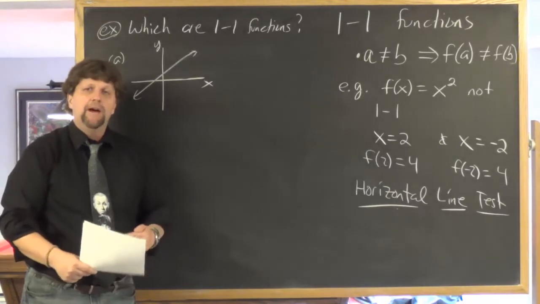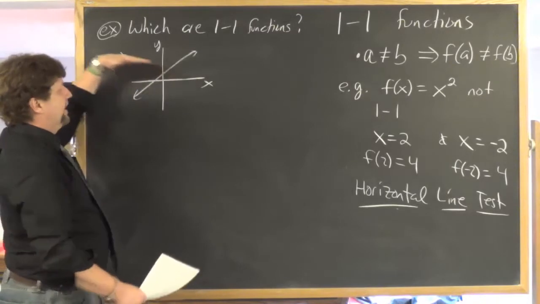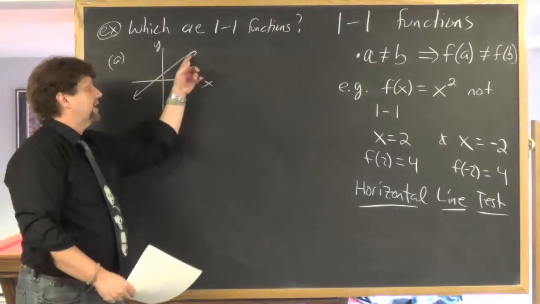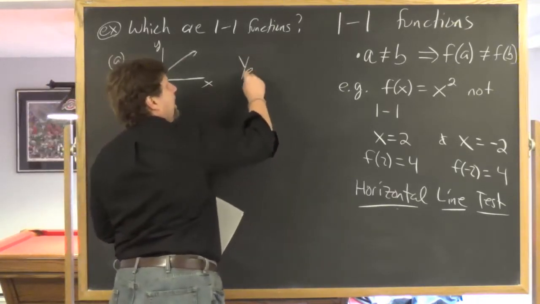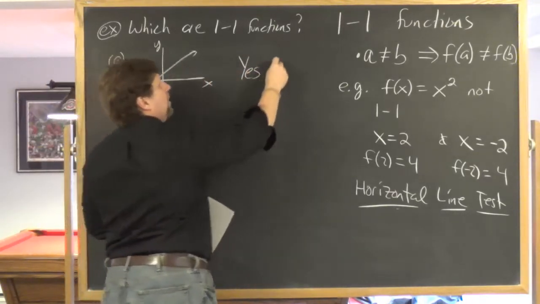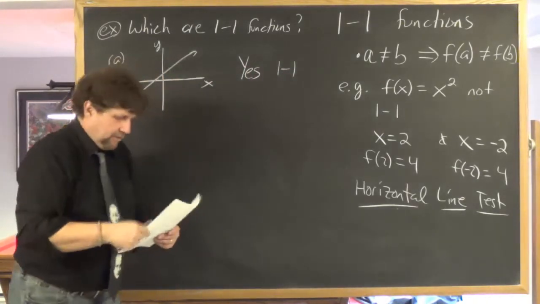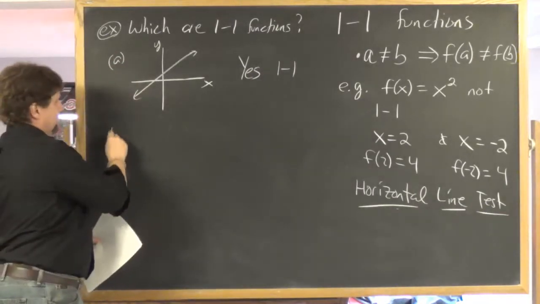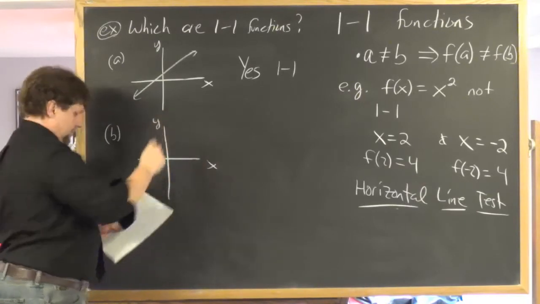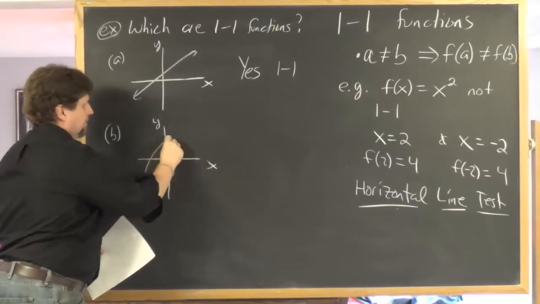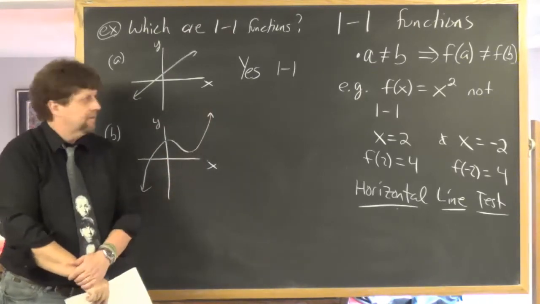Well, employ the power of the horizontal line test. No matter where I draw a horizontal line in here, it's only going to intersect the graph in one point. That means that yes, this is a one-to-one function. That's the graph of a one-to-one function. What about this one? There's the graph of a function.